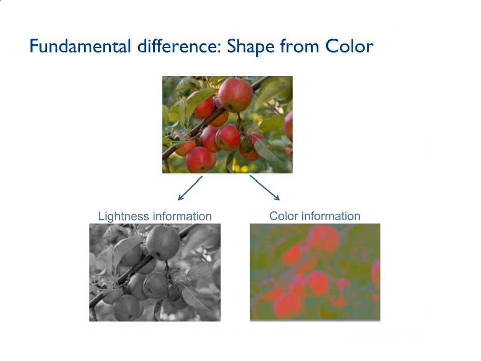There's a fundamental difference in how we perceive shape versus color. While we use our visual system to look at this apple tree, part of the information is all about the lightness, what we call the grayscale picture here, the lightness information. And the rest of it, sort of an overlay on it, is the color information.